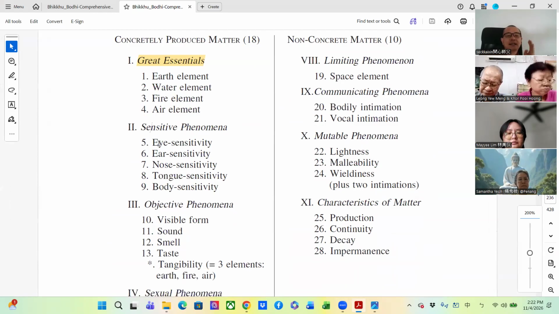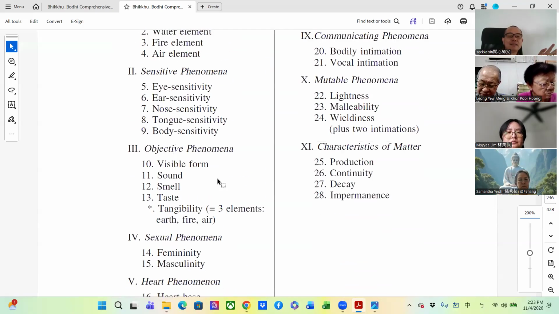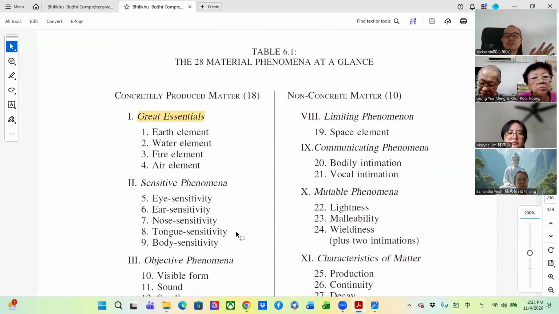The eye, ear, nose, tongue, and the body. You see, 1, 2, 3, 4, 5. They are the ones that serve as a door, so they are considered internal. The rest, 28 minus 5, which is 23, are considered external. Okay, class, do you get it?